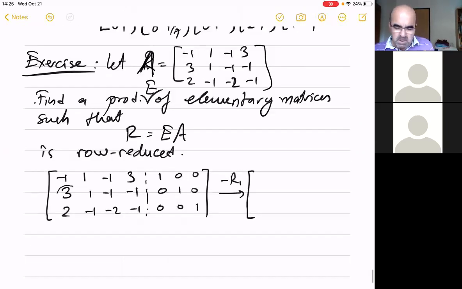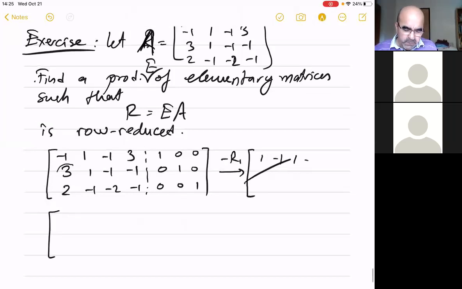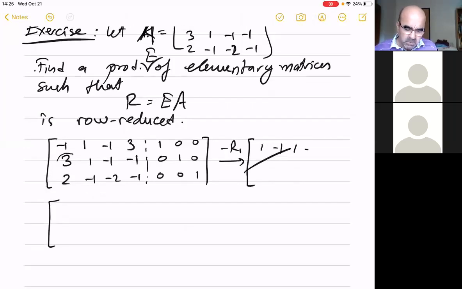Minus R1 is 1 minus 1, 1 minus 3, minus 1, 0, 0. The rest is the same.